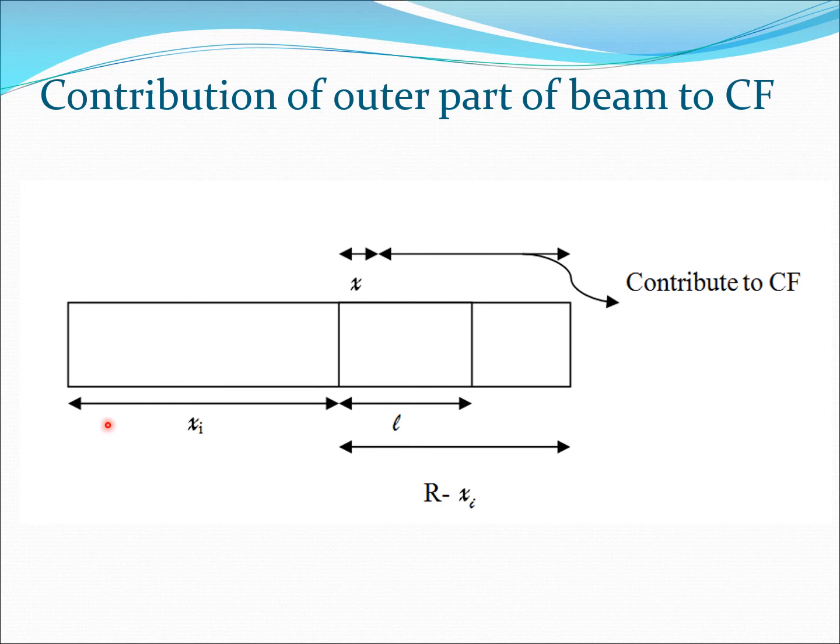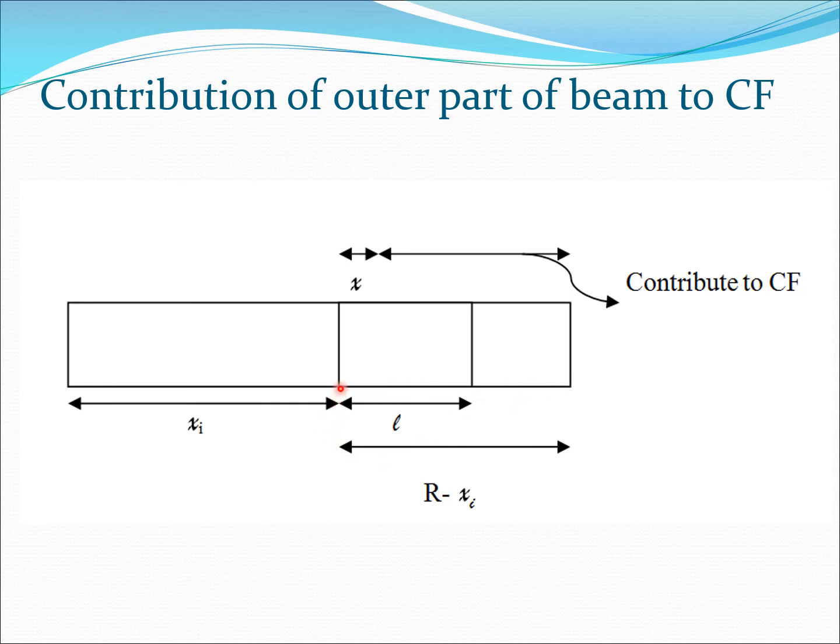So again, just to recapitulate your memory, we are at element i here, you are at a distance xi from the edge, but you are doing the integration within this element, so you are at location x. So we only need to consider the portion outside this. We are considering from x to here.